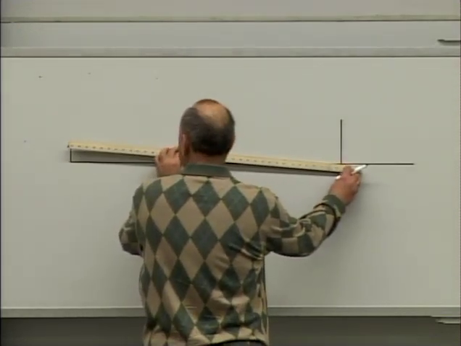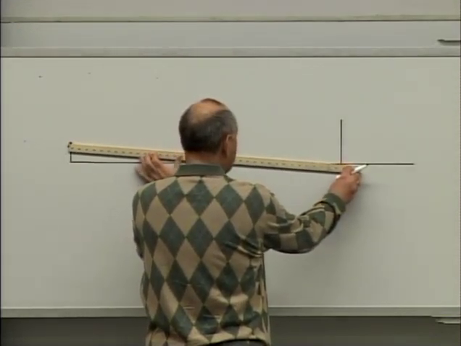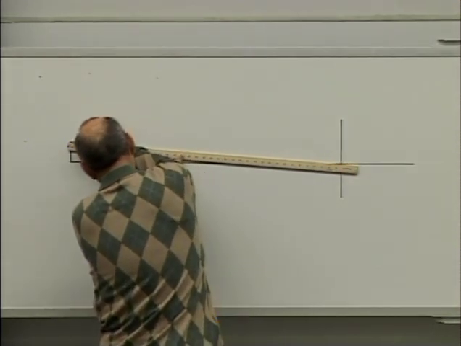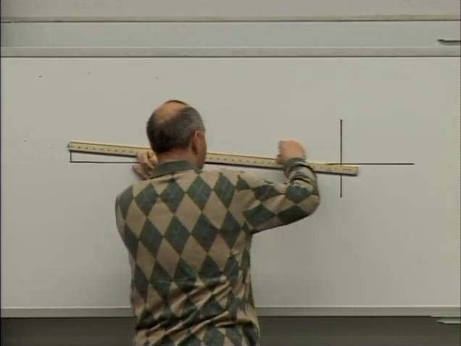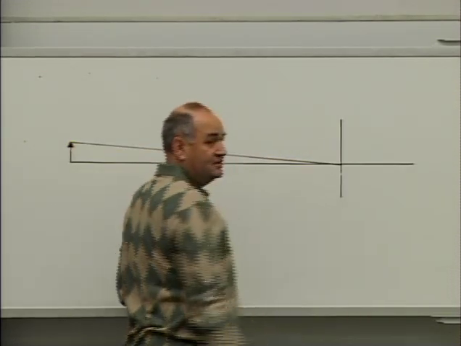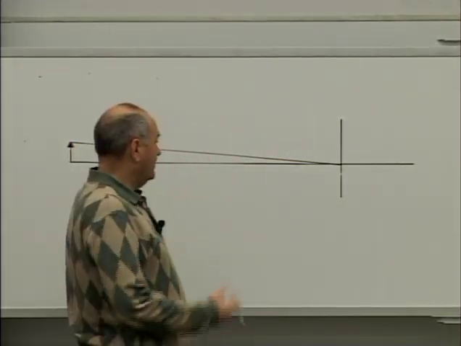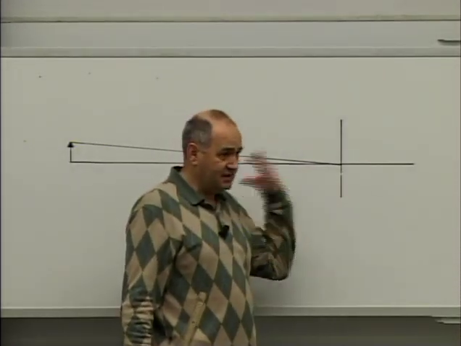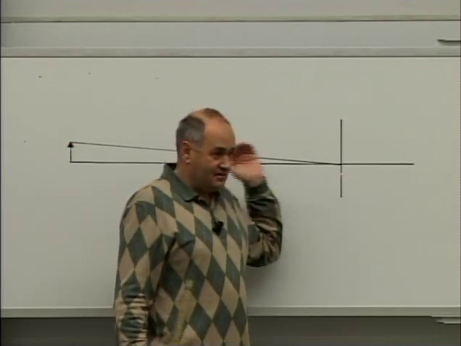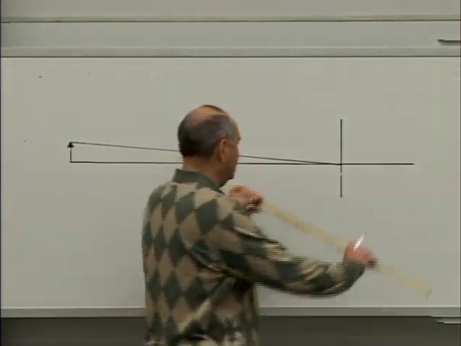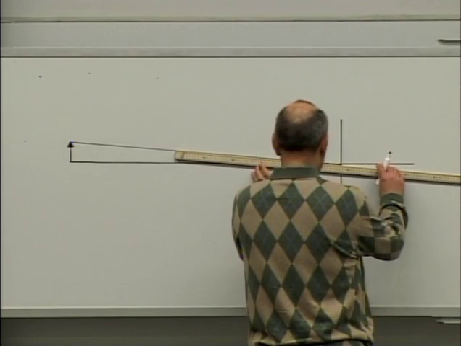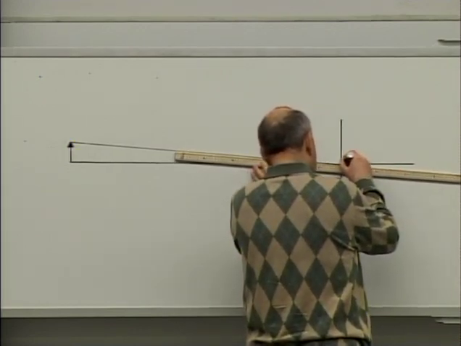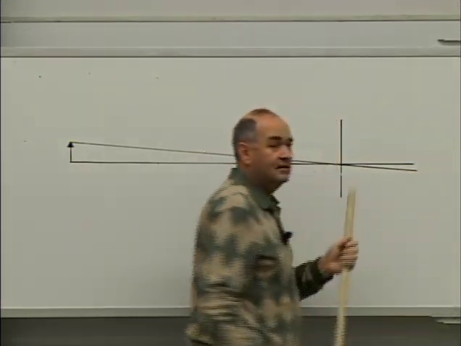Well, definitely the image has to be somewhere along this line. The chief ray is the only ray that, when we draw it, we can say, without knowing the focal length of the objective, that the image is going to be along the chief ray. So no matter what kind of lens we get, the image will be along this line.